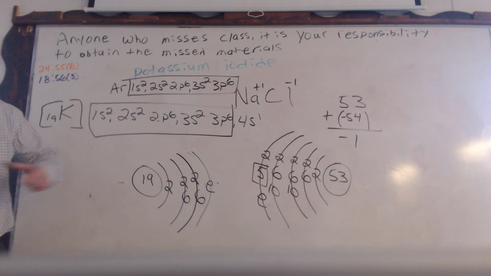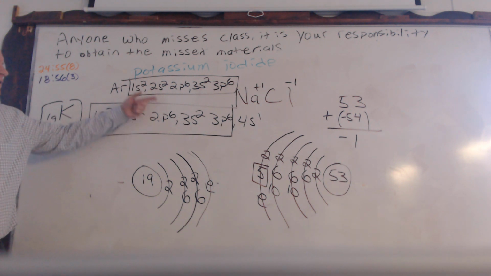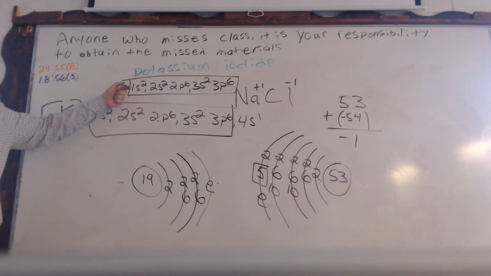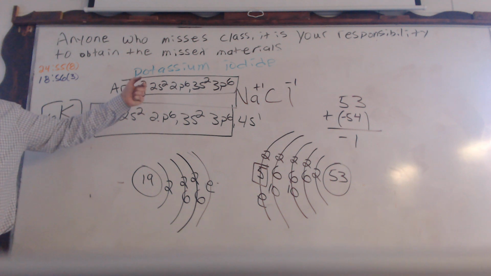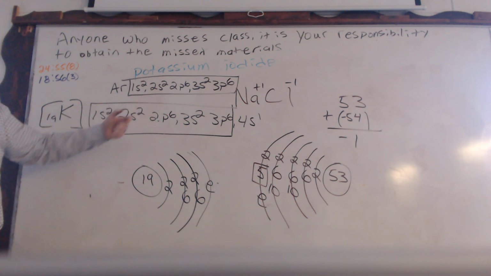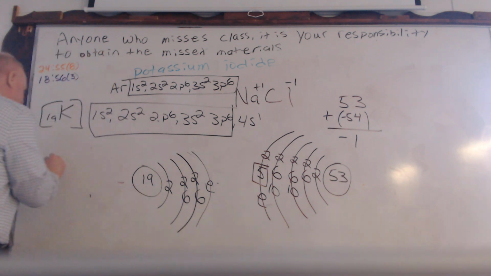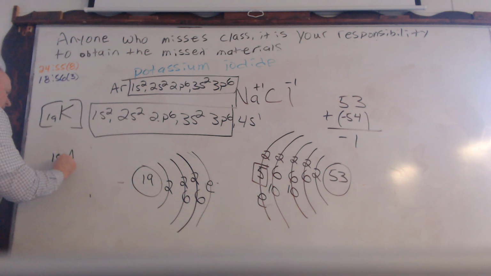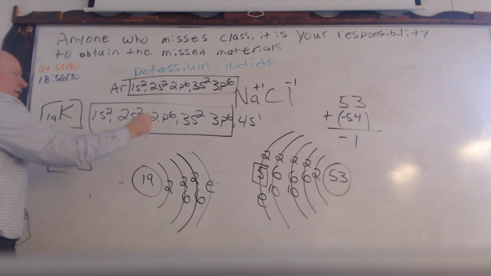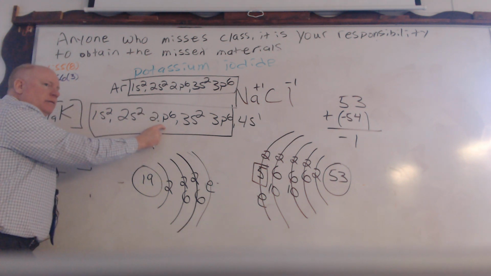Would you agree that this is the same? So what that means is we can take a really, really drastic shortcut here. If we say we're going to start with argon, what is left over outside this box?